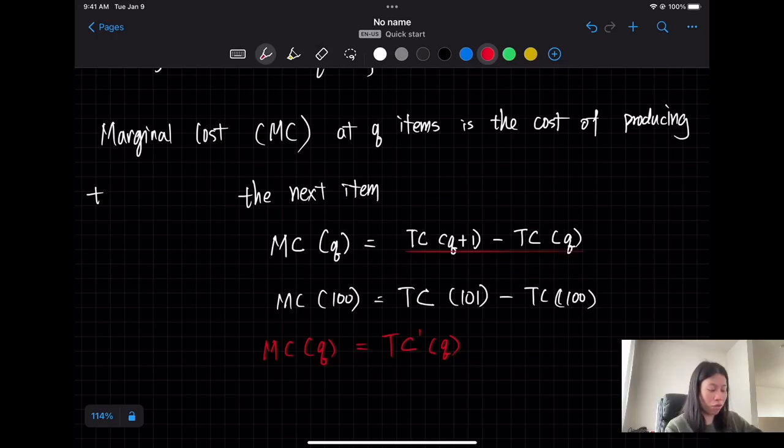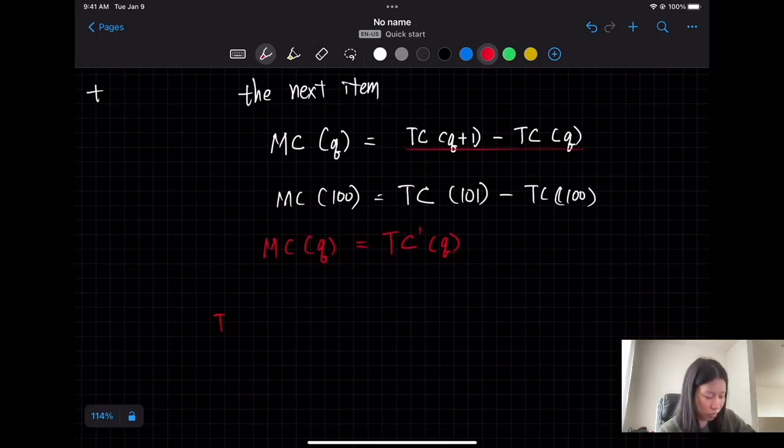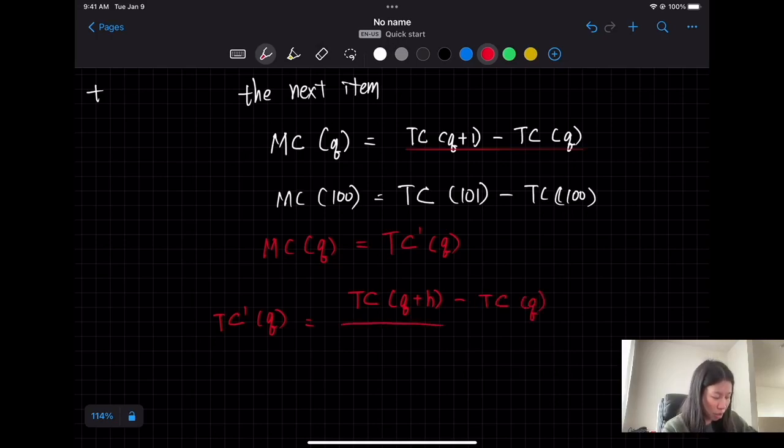Let's try to prove that. How do you find the derivative of the total cost at Q items? By the definition, it should be the total cost at Q plus h minus the total cost at Q items, over h, the difference quotient. That's how you define derivative.